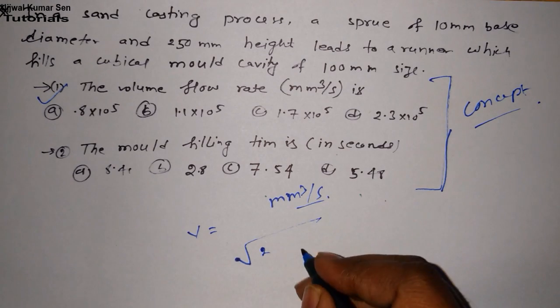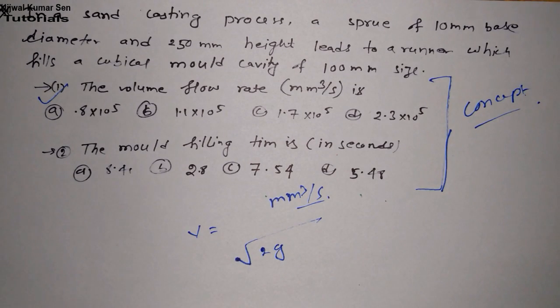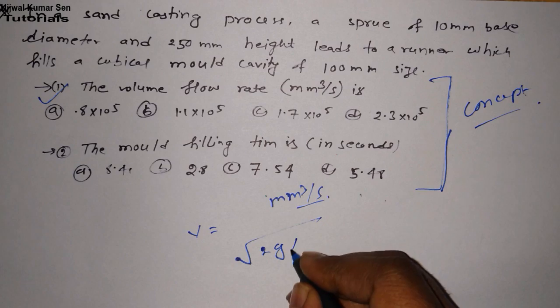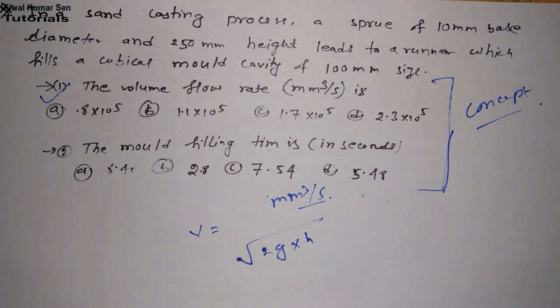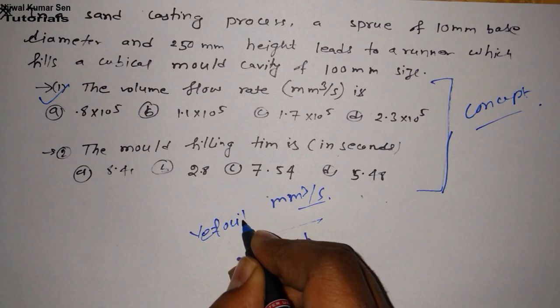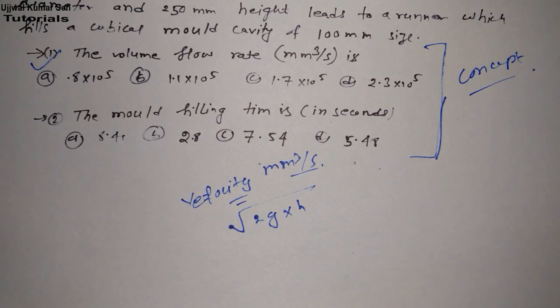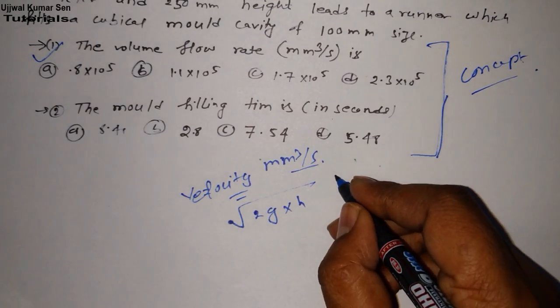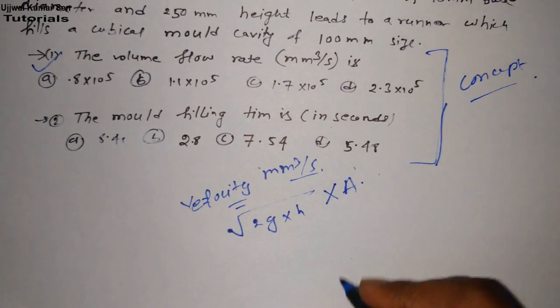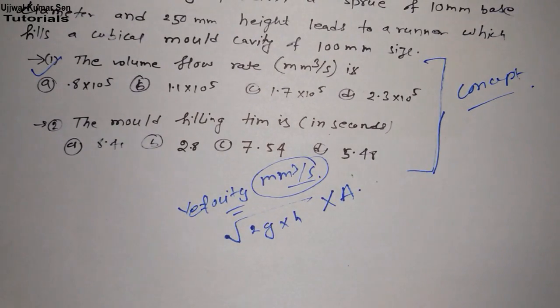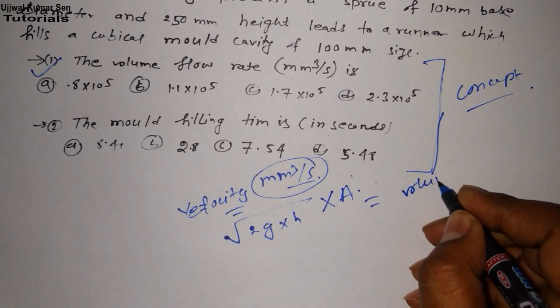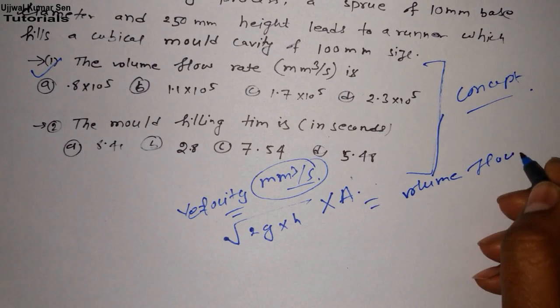What is millimeter cube per second? Its formula: root of 2g into h, that's velocity. For finding out velocity, root of 2g into h. Now what we have to do, we have to multiply this velocity with area to get volume flow rate.